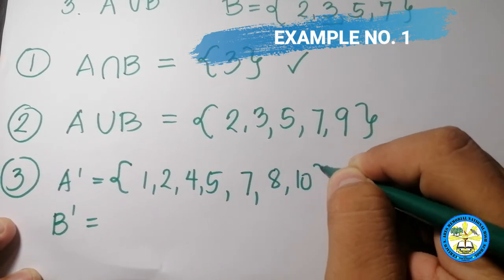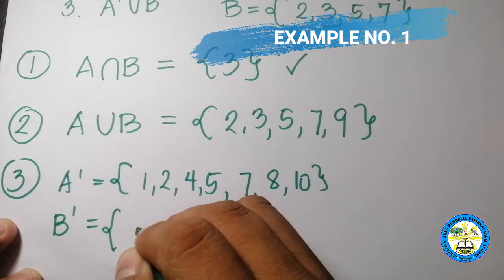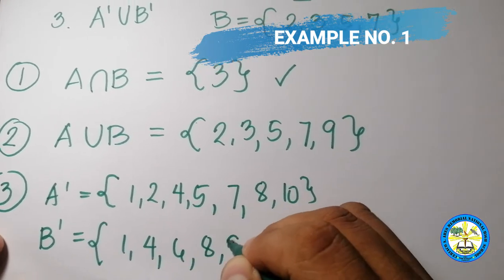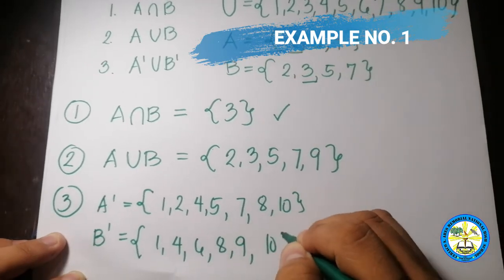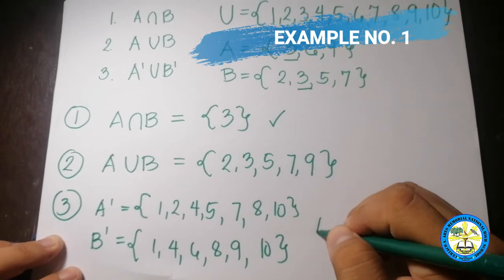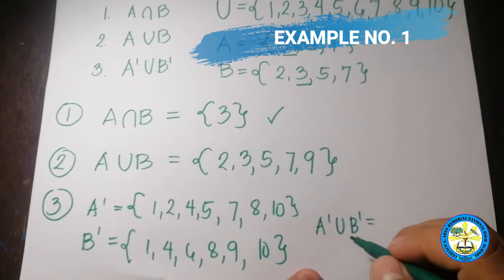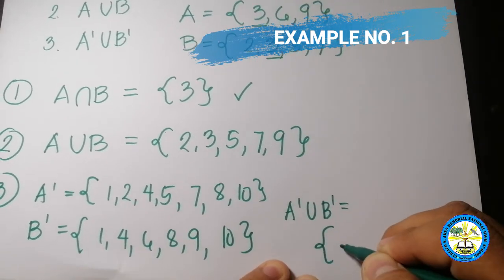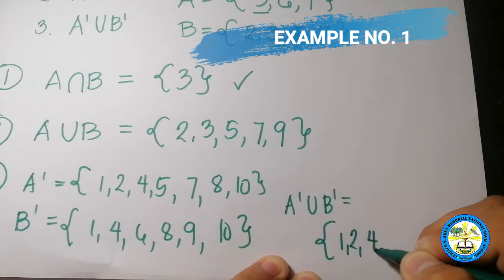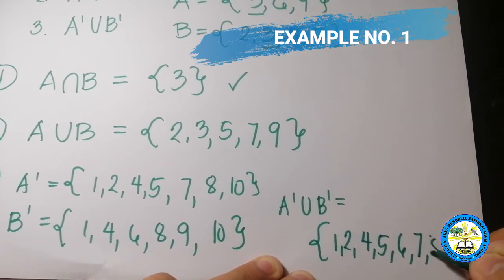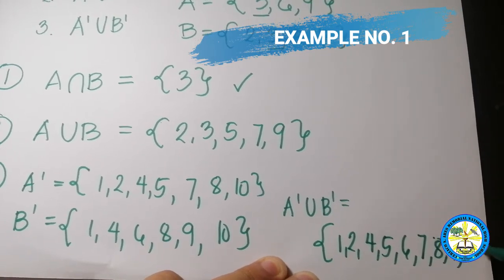And for B prime, we have 1, 4, 6, 8, 9, and 10. So if we are going to find the union of A prime and B prime, that will be equal to 1, 2, 4, 5, 6, 7, 8, 9, and 10.